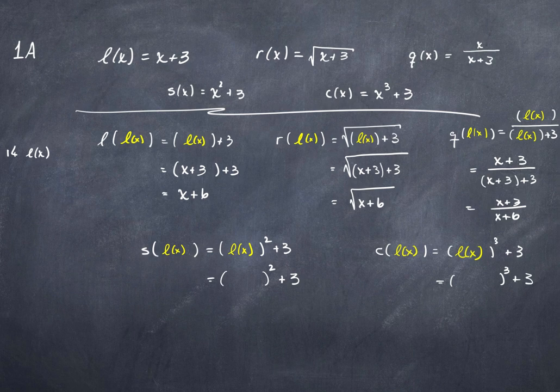This is going to be x plus 3 squared because L of x is equal to x plus 3. This is going to be x plus 3 cubed. This gives me x squared plus 6x plus 9, and this one is x cubed plus 3x squared plus 3x plus 30. Did you get those answers?